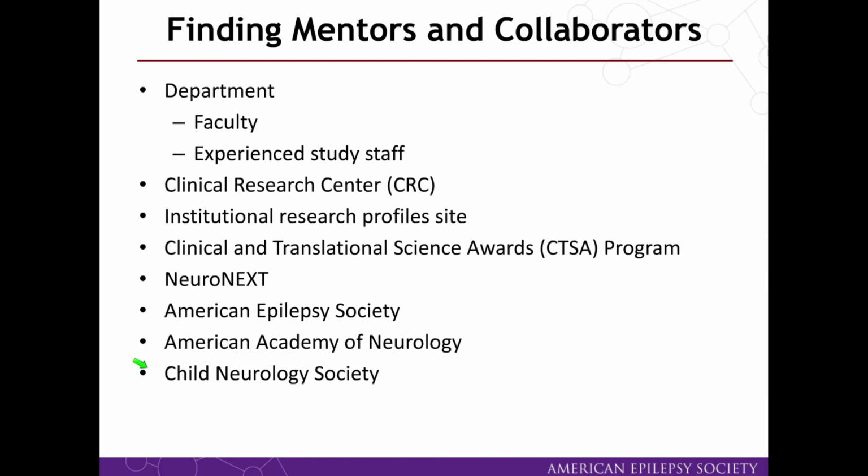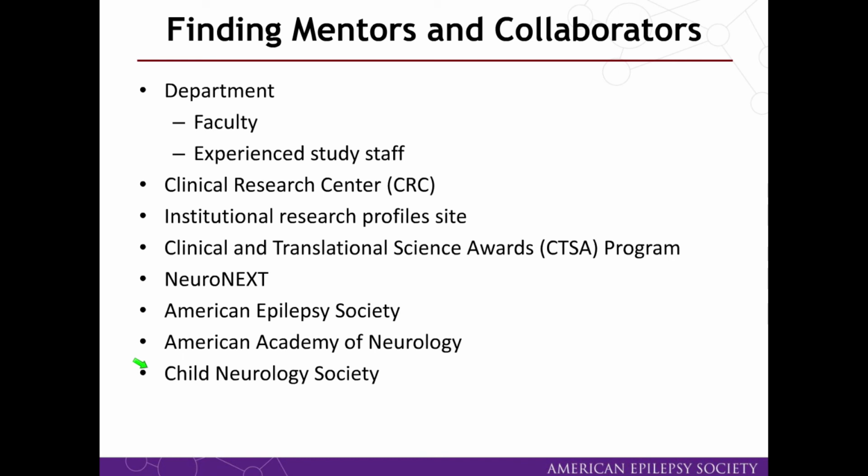Now, there's a lot of places that you can look for mentors and collaborators, including within your own division and department. This will include both faculty members, but also experienced study staff. Research nurses and experienced study coordinators can be really, really helpful in terms of the administrative parts of research. Many hospitals have clinical research centers who have staff who can help you, again, particularly in the administrative part of developing a research project.